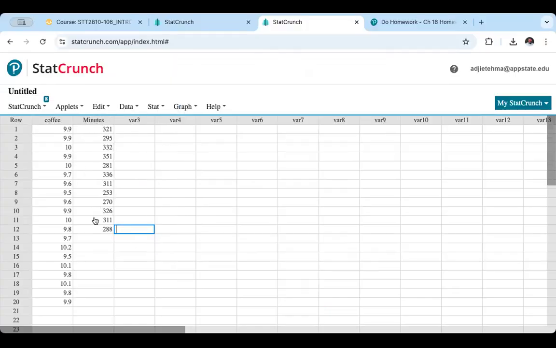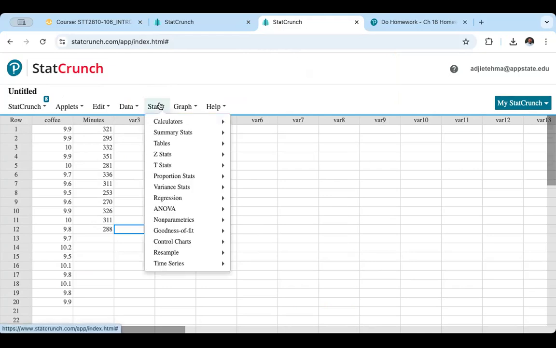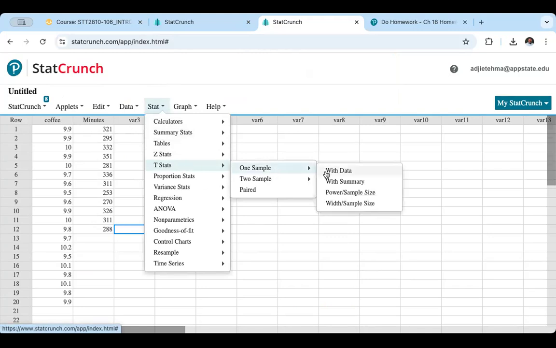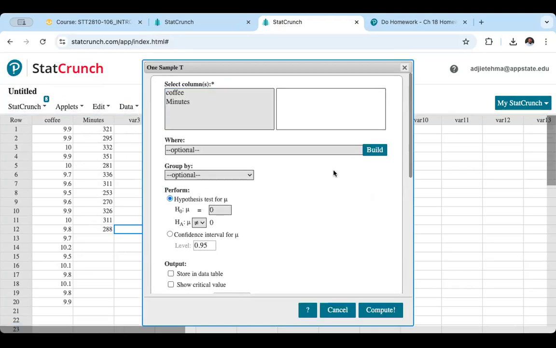We already have our data here, right? So we go to stats, T-stats. One sample with data because we have data. Is that okay? We click on that. Select the column where you have the data. In my situation, it's the minutes. Is that okay? Good.